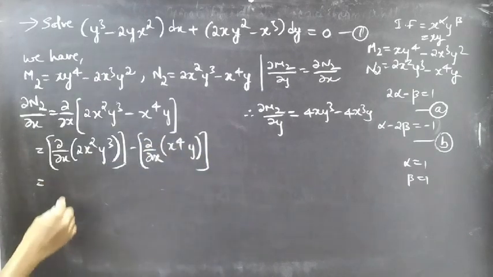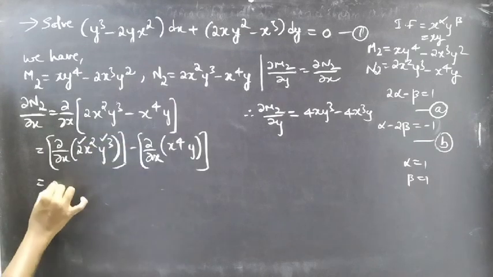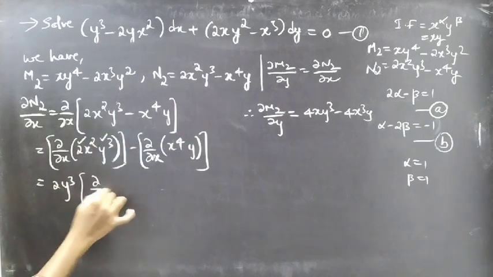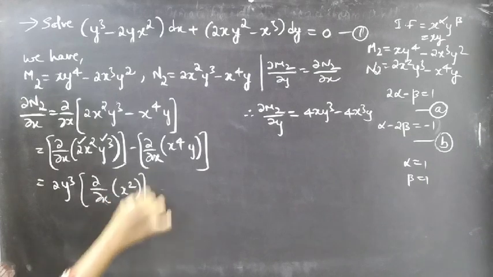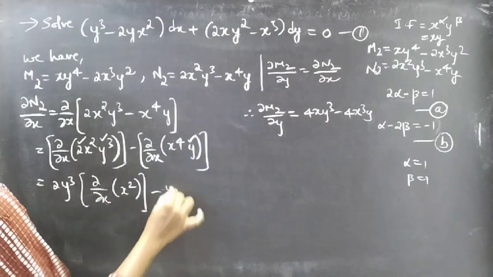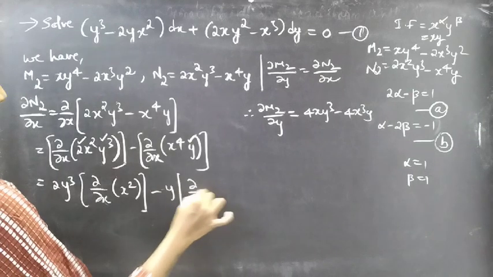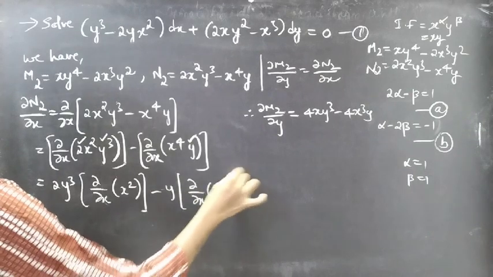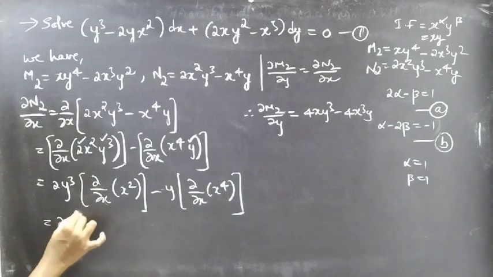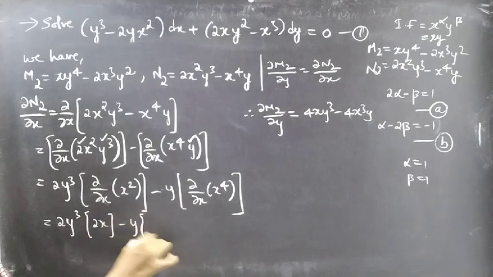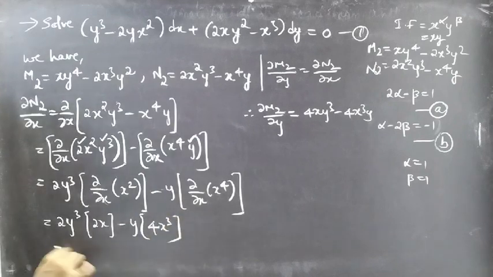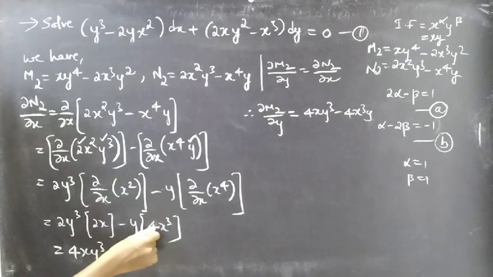Here 2y cube is constant, so we can write the first term as 2y cube into dou by dou x of x square, minus, here y is constant, y into partial derivative of x power 4. That is 2y cube into 2x minus y into 4x cube, which gives 2 2s are 4 xy cube minus 4x cube y.